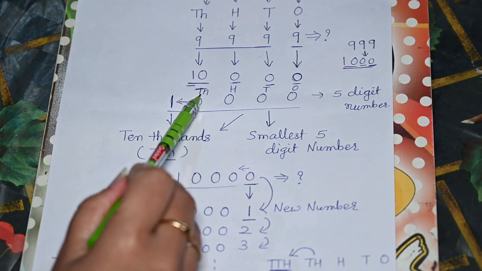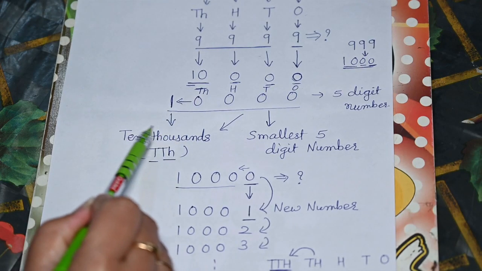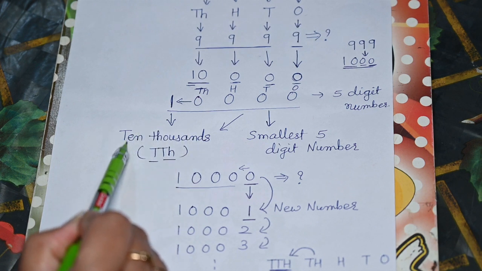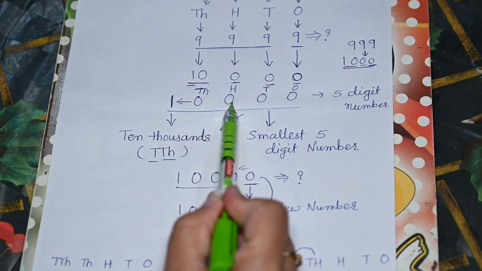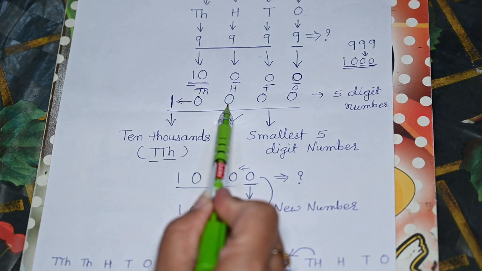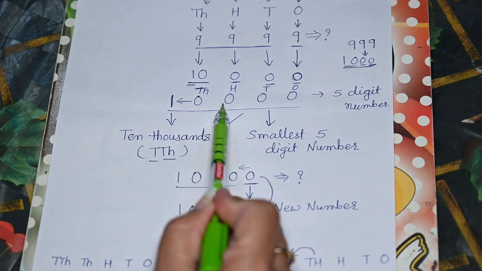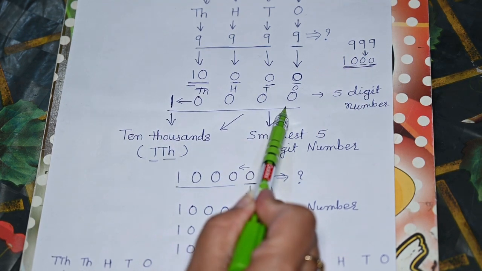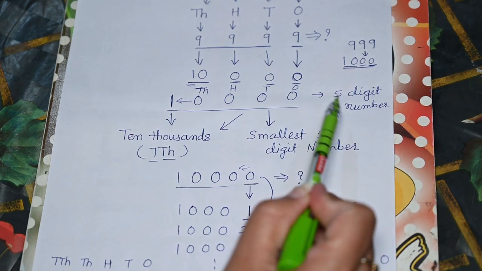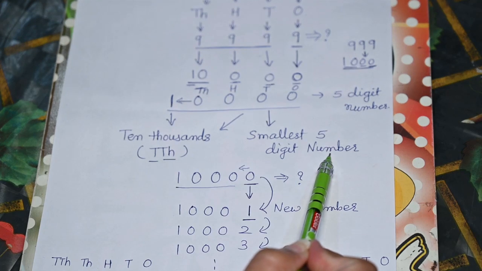So the place to the left of the thousands place is called the 10,000 place. And this 10,000 is a 5-digit number. Look here: 1 0 0 0 0, 1 2 3 4 5, means a 5-digit number. In fact, it is the smallest 5-digit number.